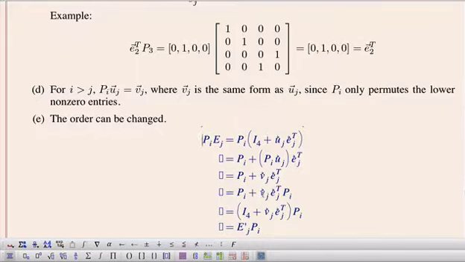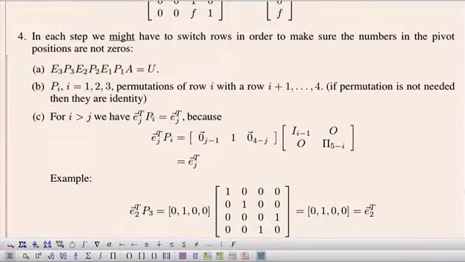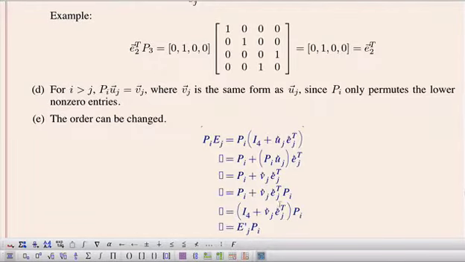And that means that we can also replace e_j transpose with e_j transpose P_i on the right, and then we can factor out P_i on the right to get I plus v_j e_j transpose.